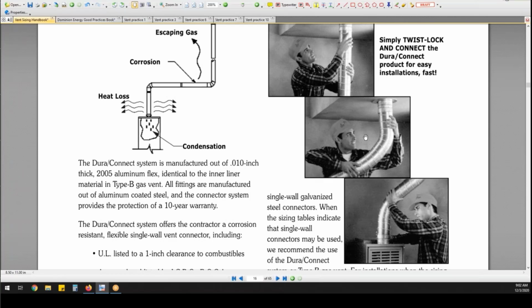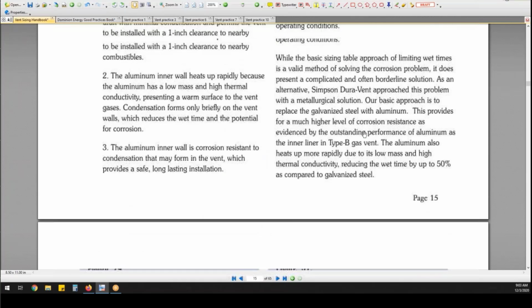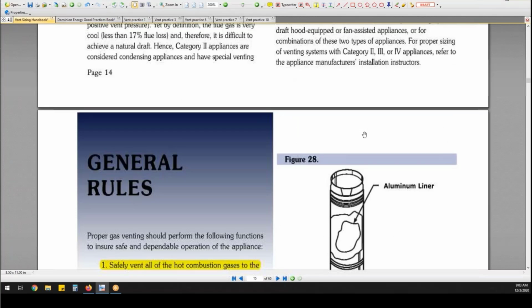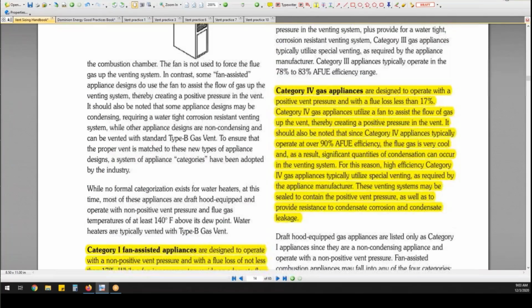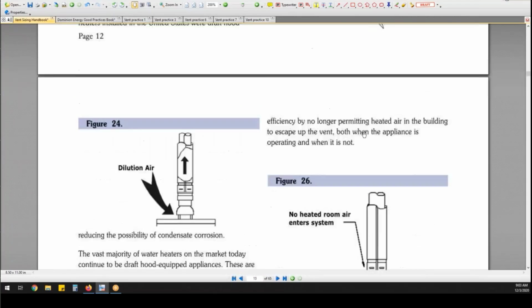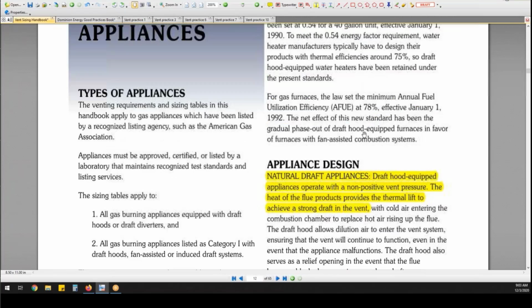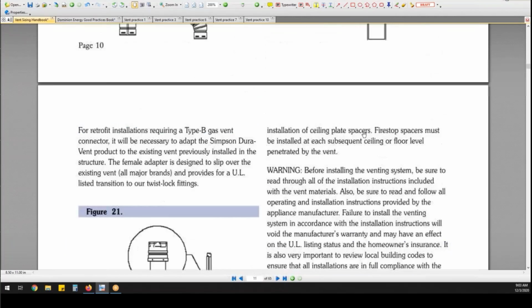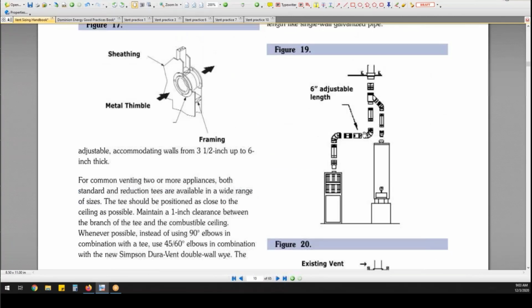Yeah, go ahead. On that second example you gave, that T that connects the water heater to the furnace, is that considered a connector as well, or is it just that connector? Because you said that everything from the water heater to that T is the connector, and everything from the furnace to that T is the connector. Is that T a connector as well, or is it just everything past that point?